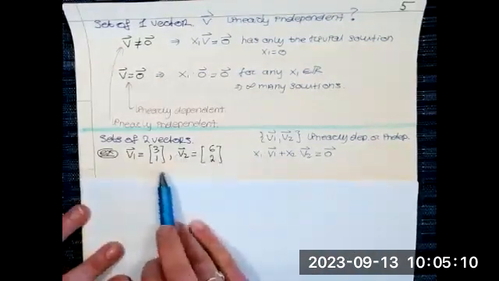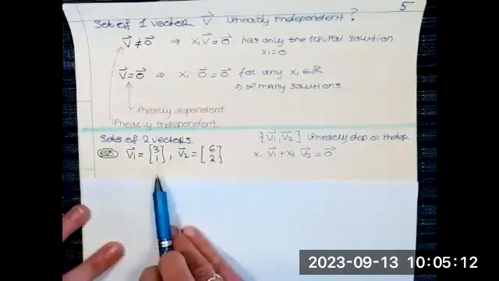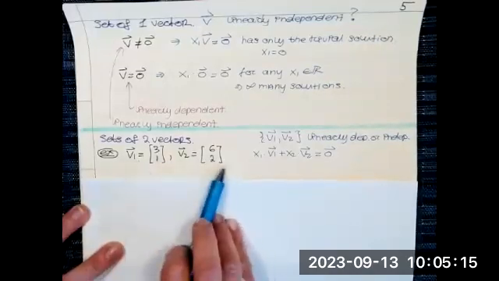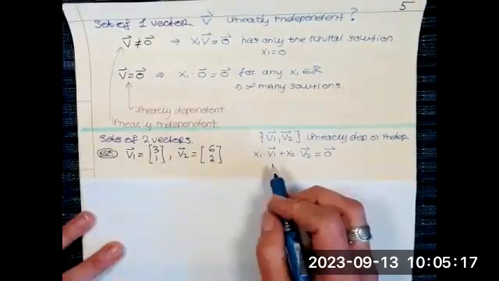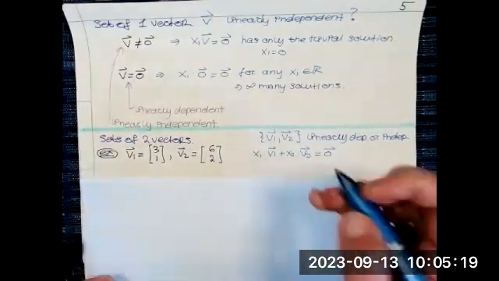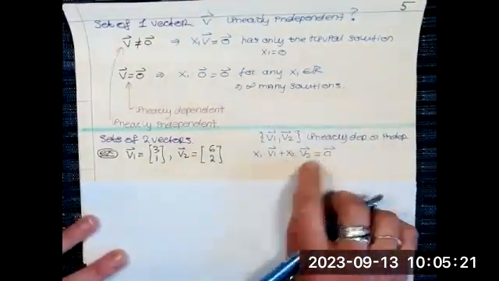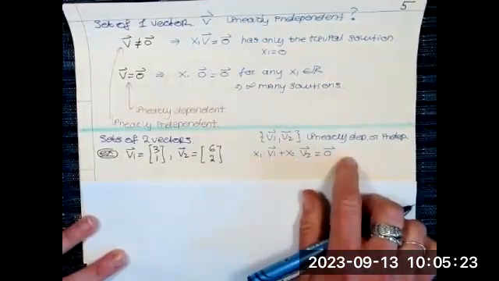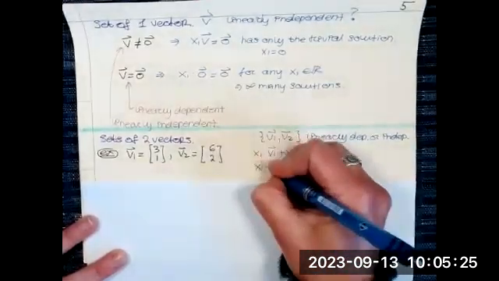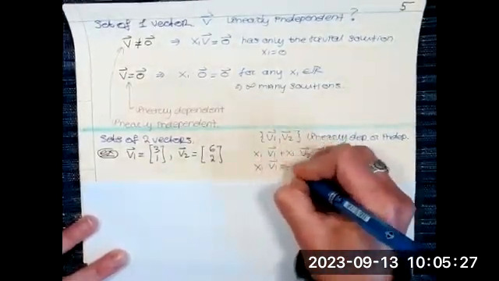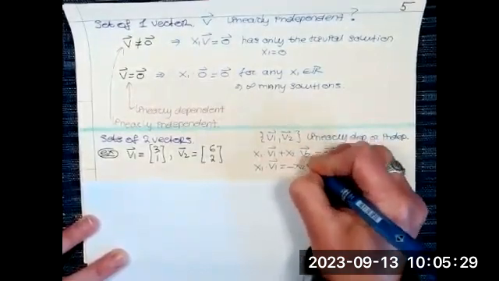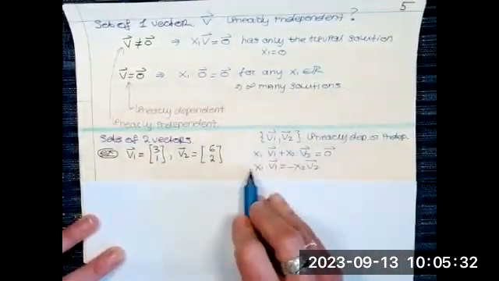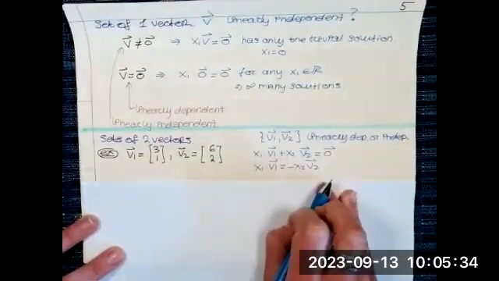With the case of two vectors, it's actually pretty simple, because you can just examine what's going on here. I can always put one of those, x1 or x2, on the other side: x1 times v1 equals minus x2 times v2. x1 is some constant, x2 is some constant.